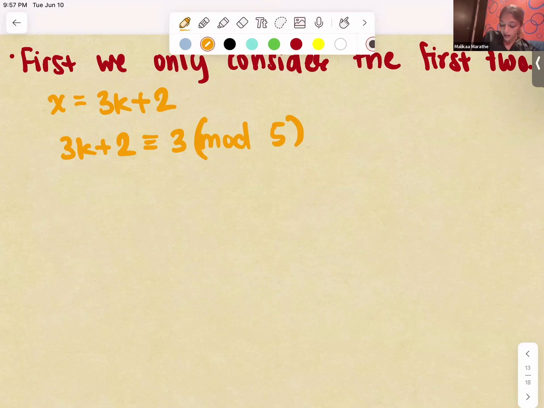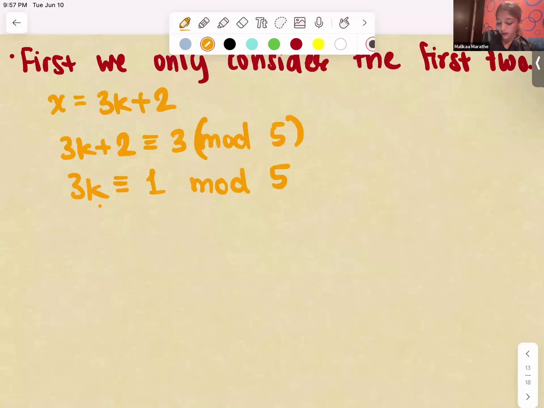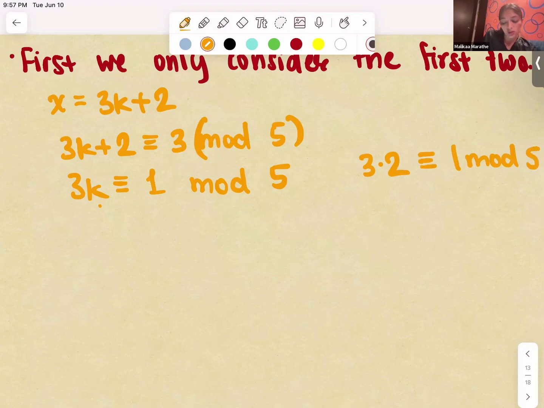Okay. And then you subtract the 2. So 3k is congruent to 1 mod 5. So this is basically, you want to find the inverse. You want to find what value, when you multiply 3 with it, would you get 1 mod 5. So if you multiply 3 times 2, that gives 1 mod 5. So we're going to do that here.